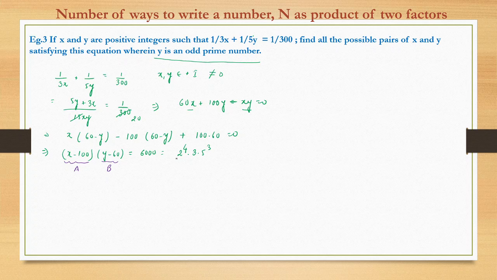So in how many ways can we write this as a product of two integral ordered pairs? We need to be considering ordered pairs because it's x and y, right?